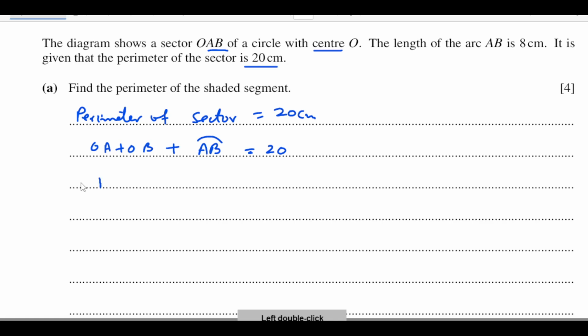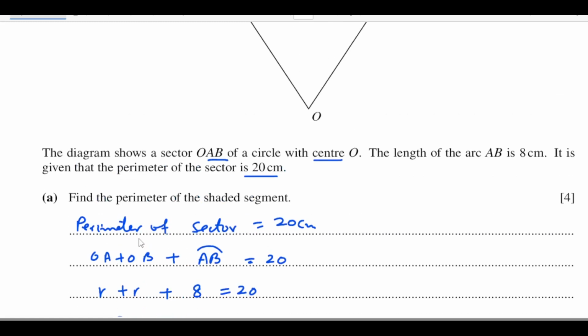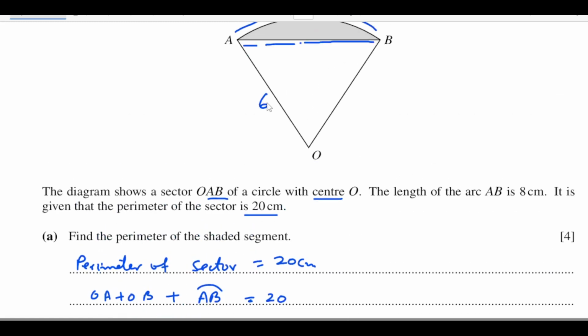OA and OB are both radii, and arc AB we are given as 8. So from here 2r is 12 and r is equal to 6, right? So we got r as 6 centimeters, meaning this is 6 and this is 6.